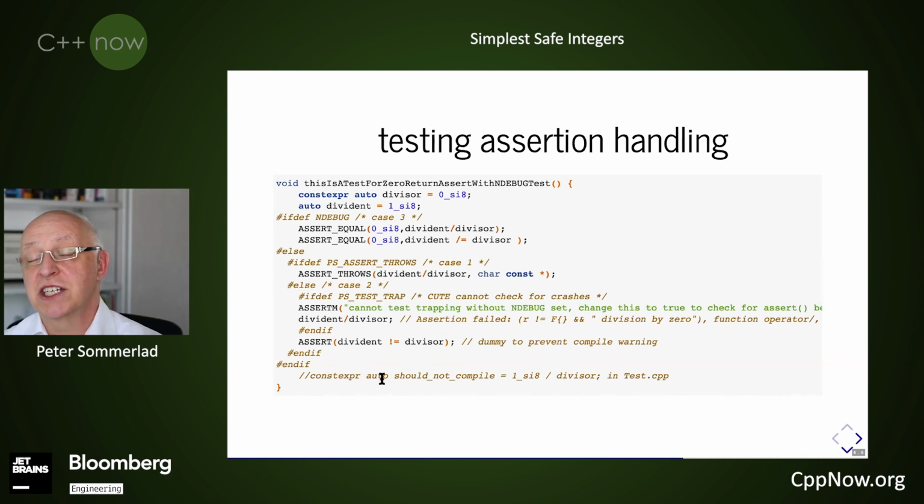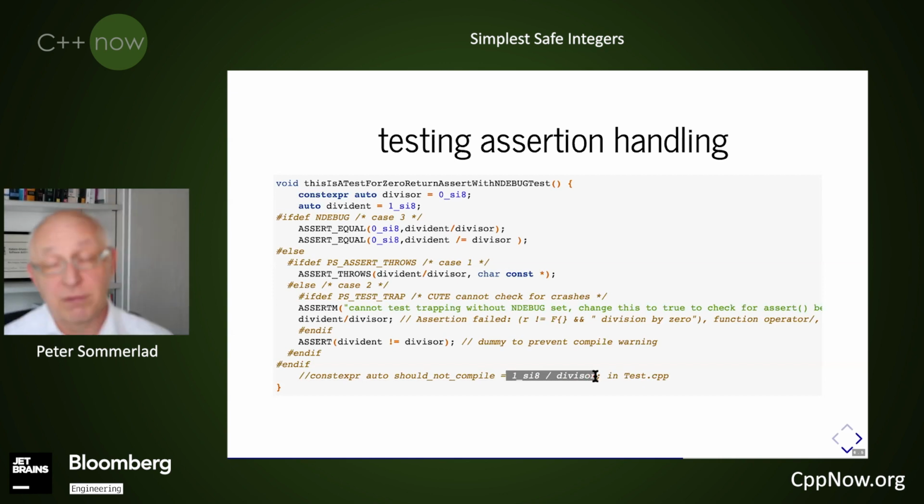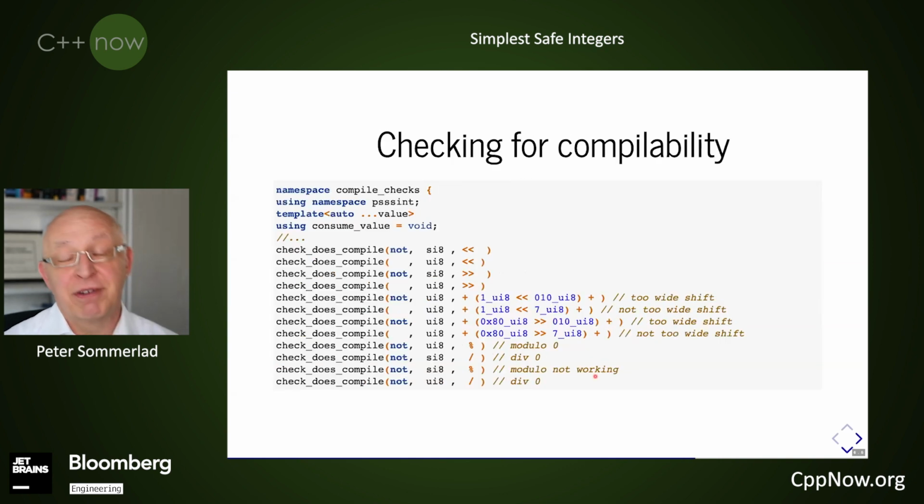But how can we actually test that this doesn't even compile if it's executed at compile time? So we want to make sure that if we have a constant expression where we divide by 0, that this doesn't compile. That would be cool. Now, everything that would be cool usually requires macros, and these are the macros that check does not compile.